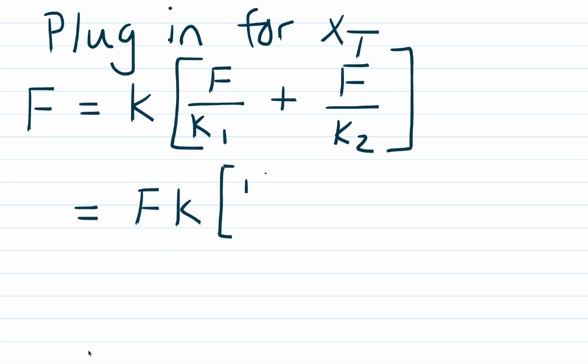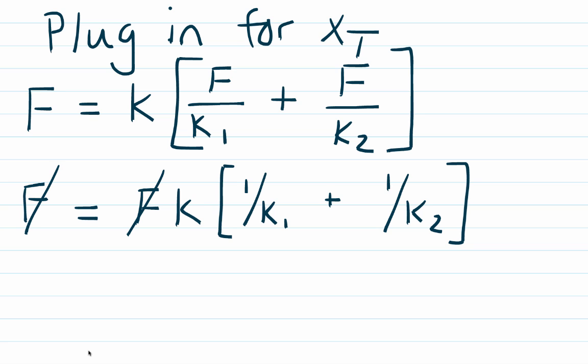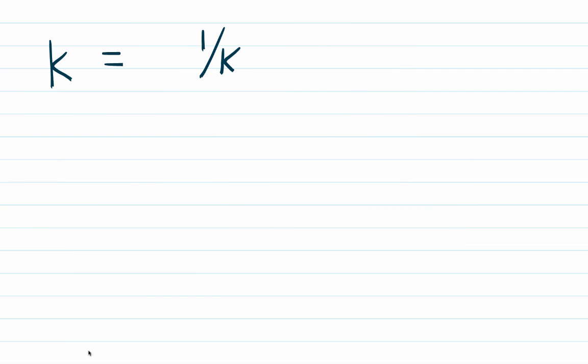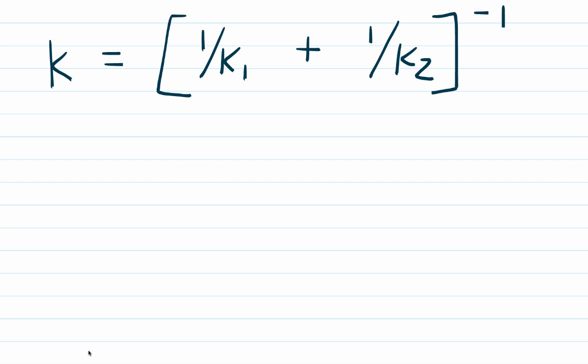We'll need to divide both sides by that quantity in the square brackets. That gives our equivalent spring constant to be 1 over K1 plus 1 over K2, entire quantity to the negative 1 power. Now we'll add a third spring to this situation.